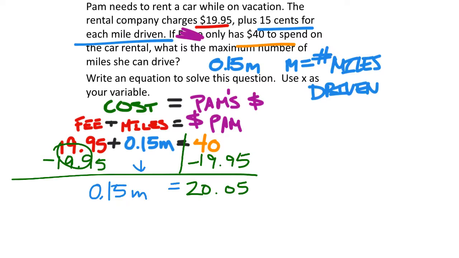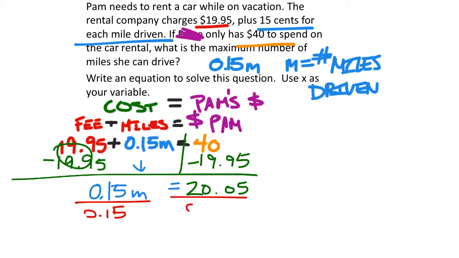We should be able to interpret this equation as we continue to solve it. We've taken away the $19.95 from the $40 she started with, which leaves us with $20.05 to spend on mileage. So, if I want to know how many miles she can drive, we'll just divide by 15 cents.